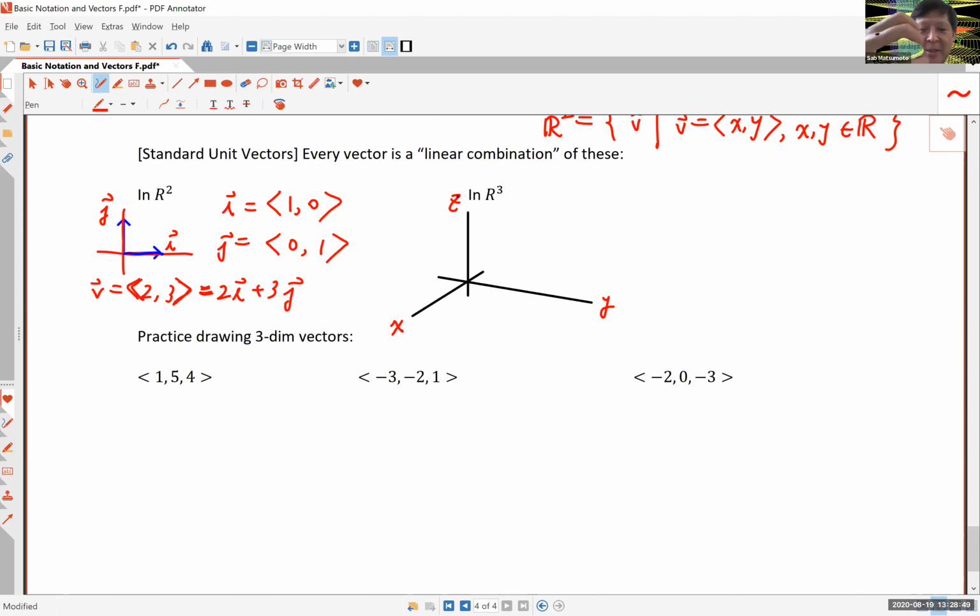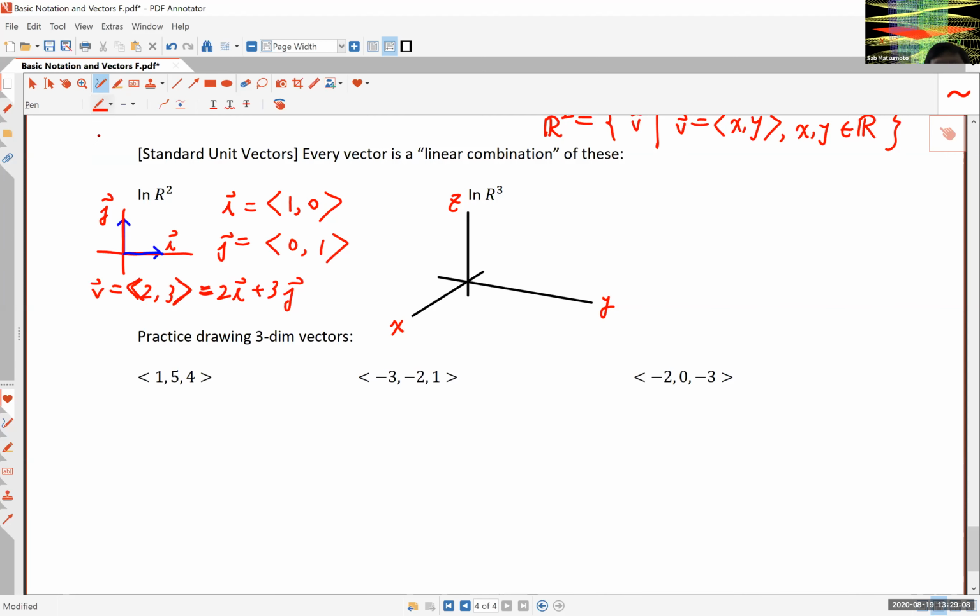As your four fingers wrap around from x to the y direction, z goes up. So this is called the right-hand orientation, and this is the standard orientation we use for three-dimensional space.